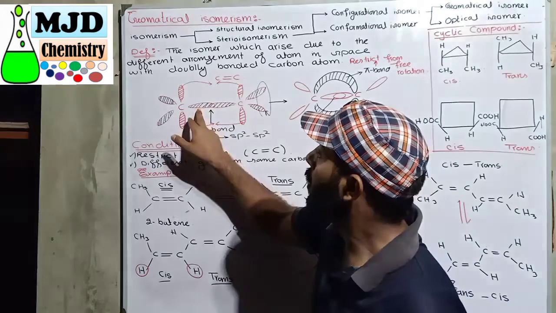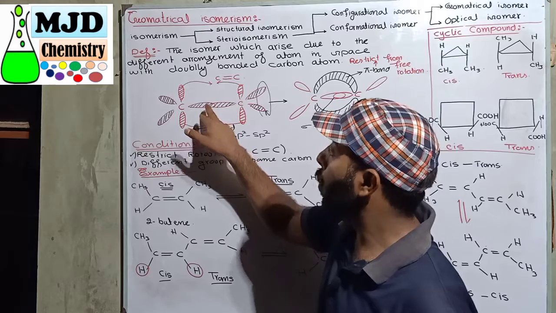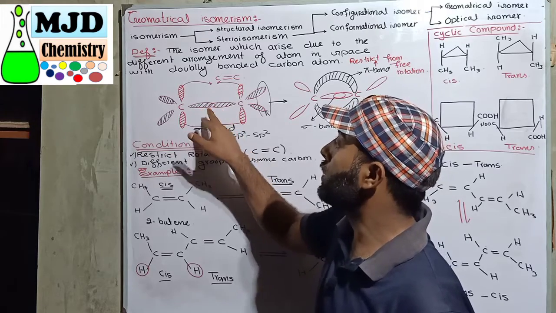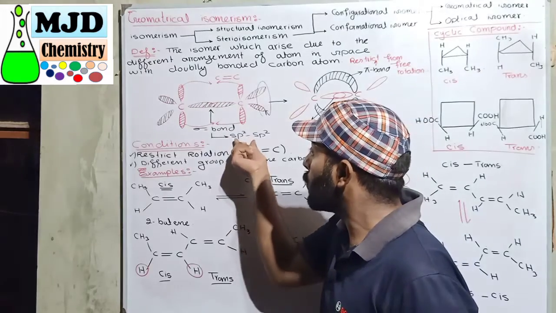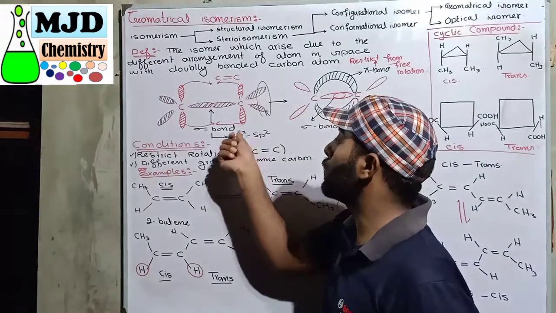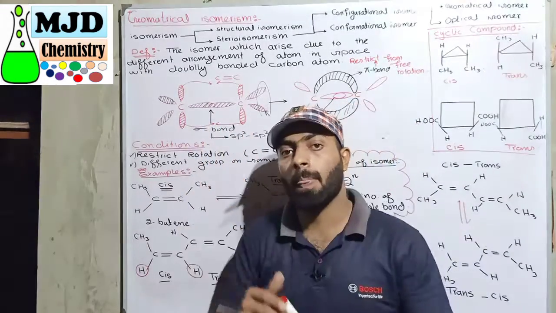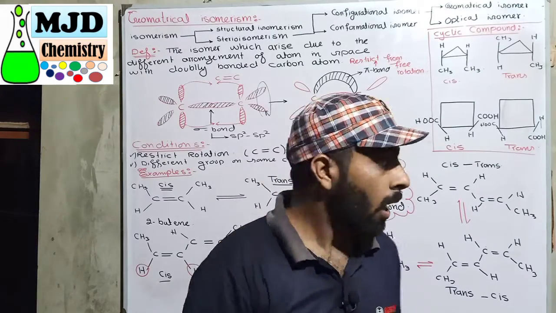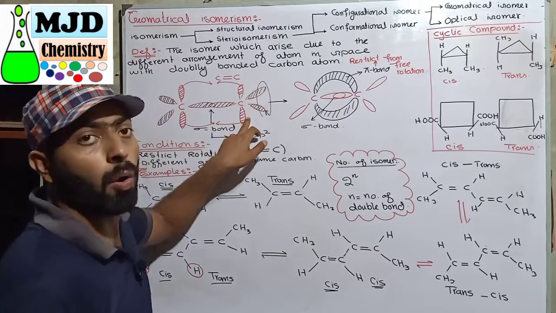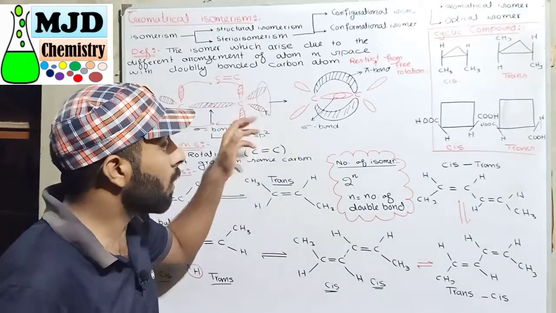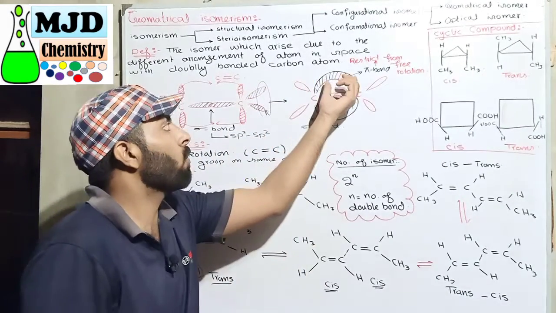In this, sp2 orbitals overlap to form the sigma bond. Here, the 2pz orbitals combine to form a pi bond.